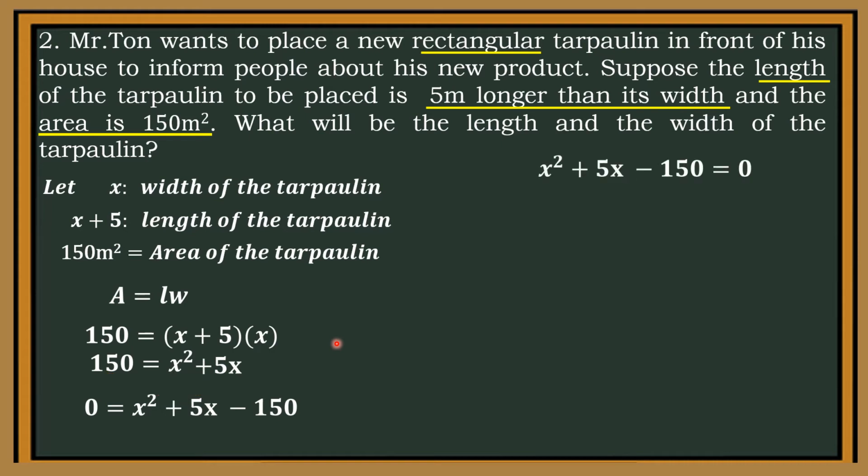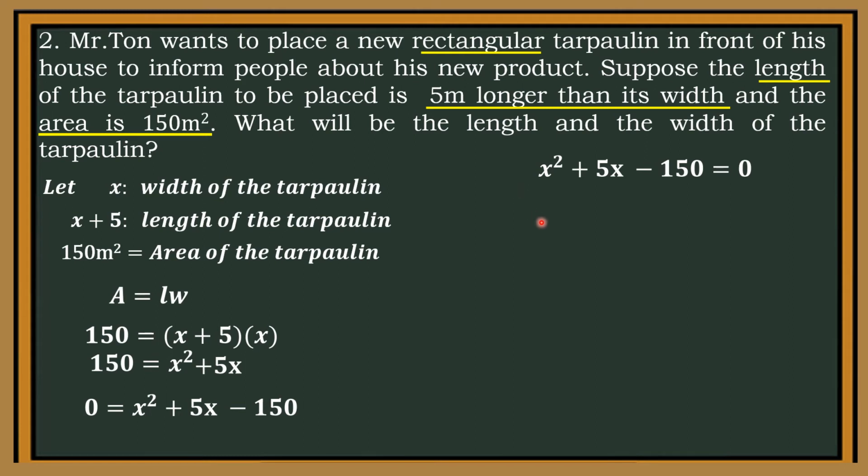Or, pwede natin siyang isulat ng ganitong way. X squared plus 5x minus 150 is equal to 0. Pareho lang sila. Tandaan ang 0, pwede natin siyang isulat it's either sa left side or sa right side. Then, this is now the standard form of the given equation.